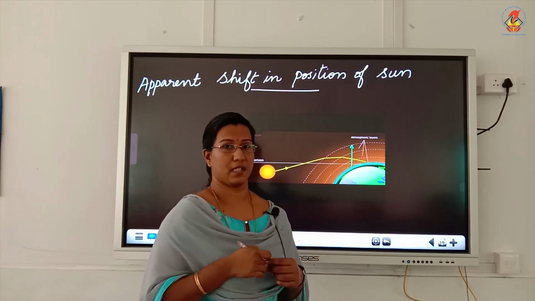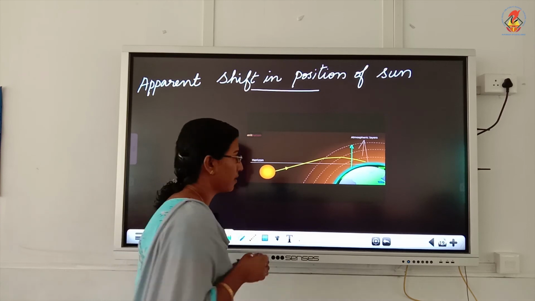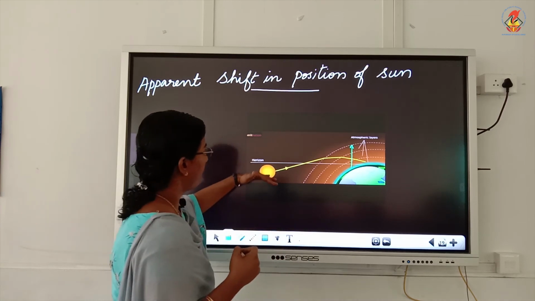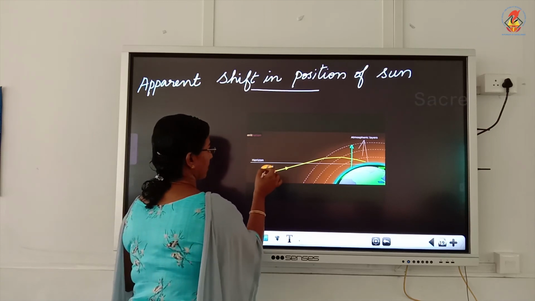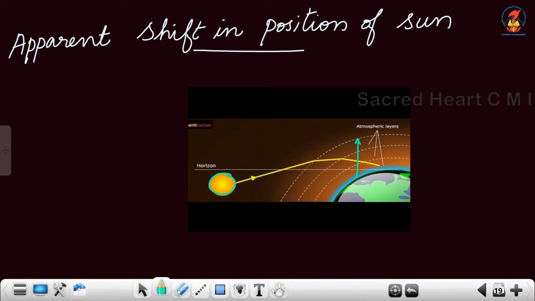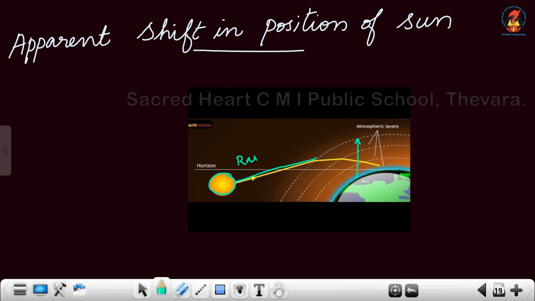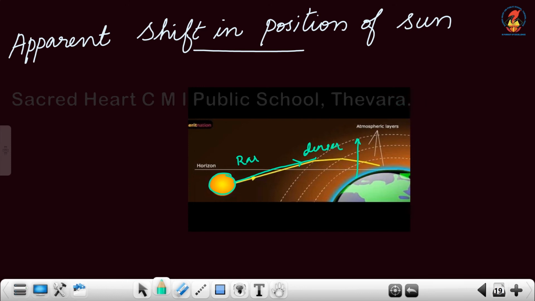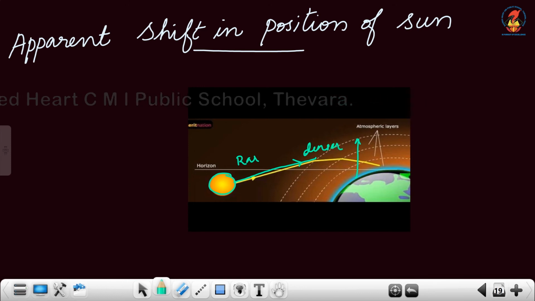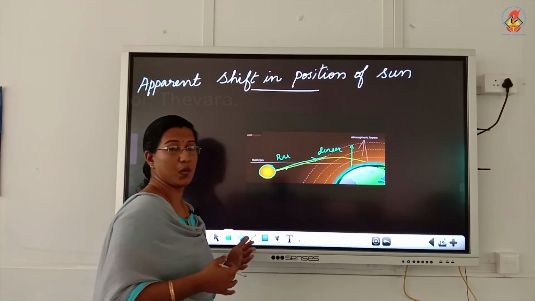Now think the opposite. Imagine, sunrise means the sun will be above the horizon, isn't it? Before sunrise, the sun is in this particular position, and the rays from the sun will reach the atmosphere. What happens? The rays travel from a rarer medium to a comparatively denser medium, because as we are going down, the density of the atmosphere is increasing.